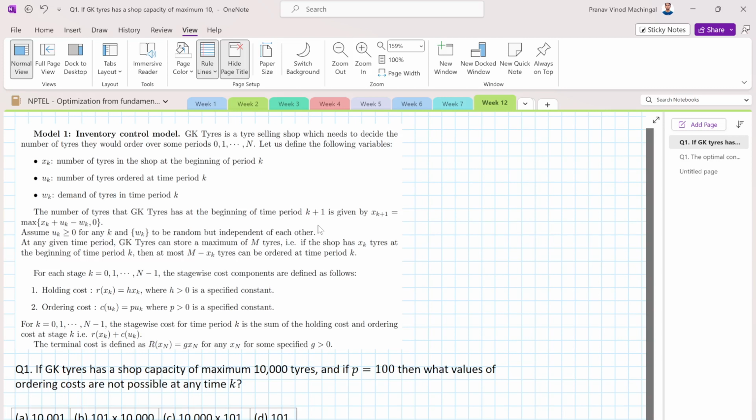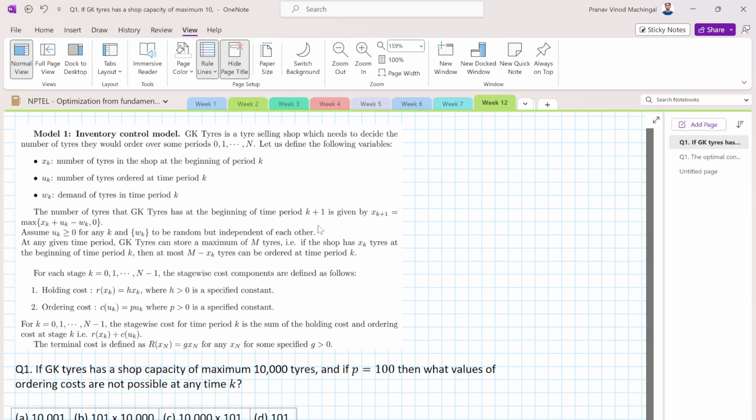So you have this inventory control model. There is a shop, a tire selling shop called JK Tires, and it needs to decide the number of tires that they want to order over some periods from 0 to n. So you have n periods. This could be every month, how many tires do you need to order to keep in the shop, the stock that you need to keep.